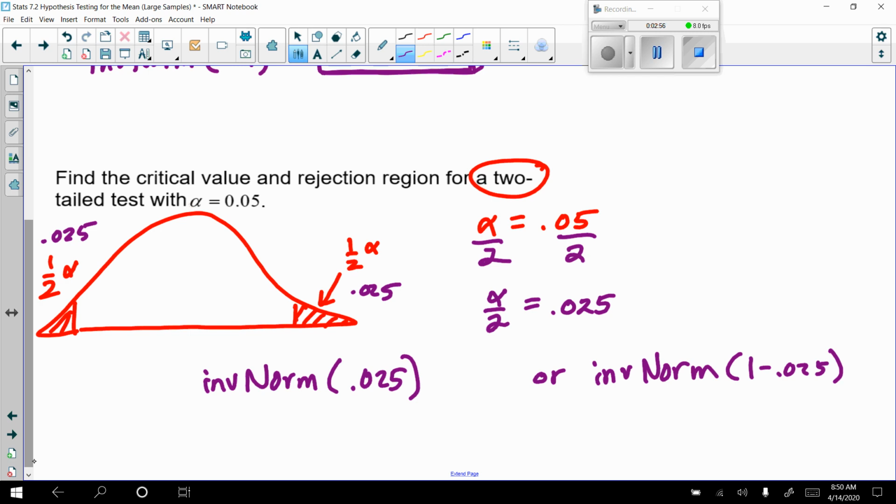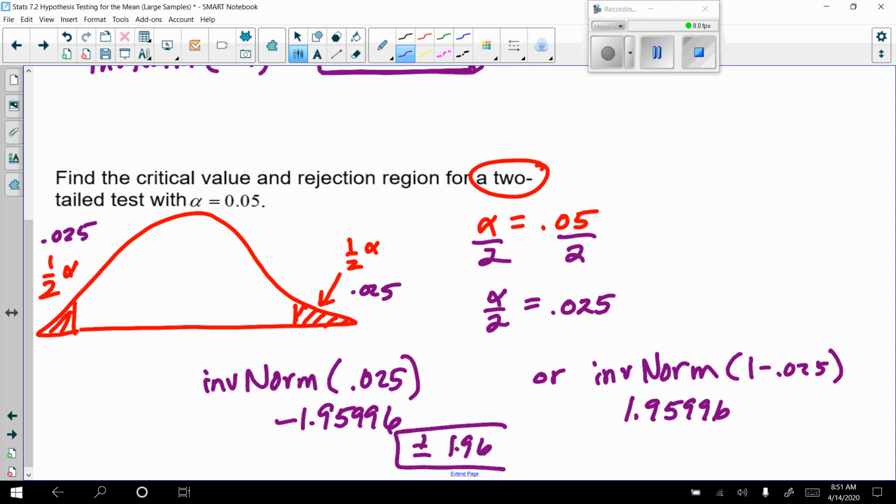So if I do inverse norm of that, for this one, I'm going to get negative 1.95996, and for this one, I'm going to get positive 1.95996. So plus or minus 1.96 is the critical z-score for an alpha level of 0.05.